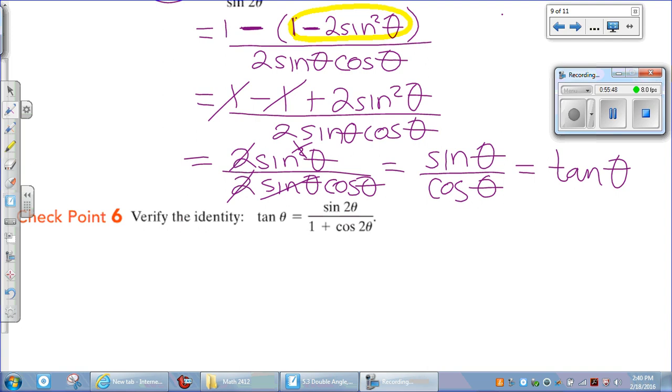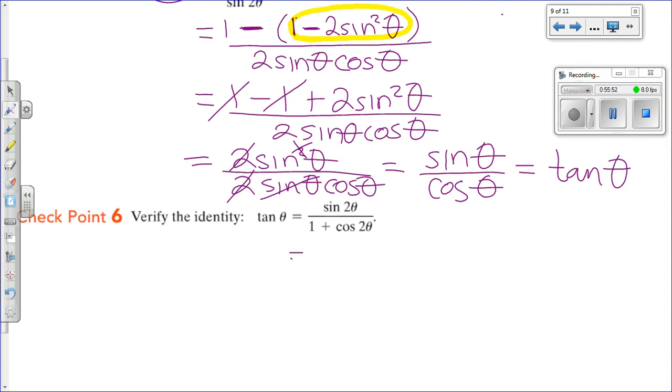So now we're going to solve checkpoint 6 to verify the identity. Again, we're going to start on the right side. So this formula for the sine of 2 theta is equal to 2 sine theta cosine theta over 1 plus the cosine of 2 theta.